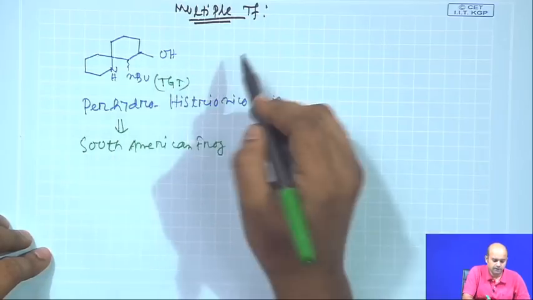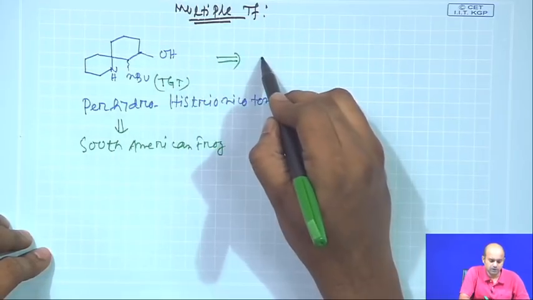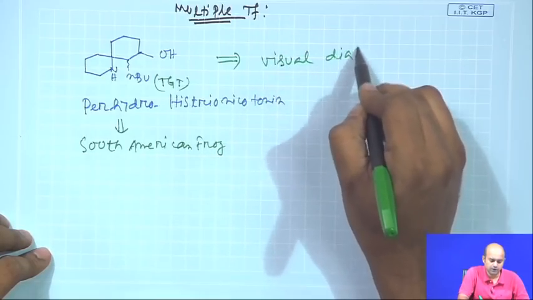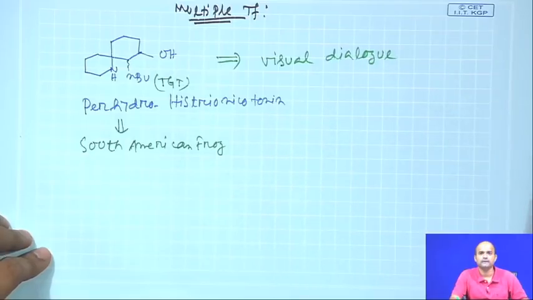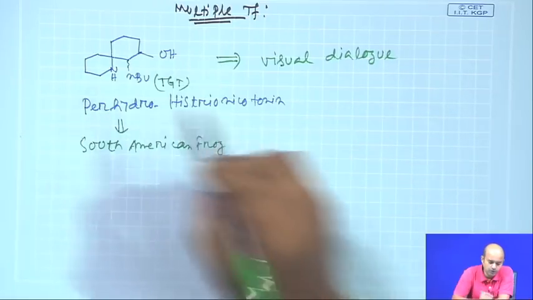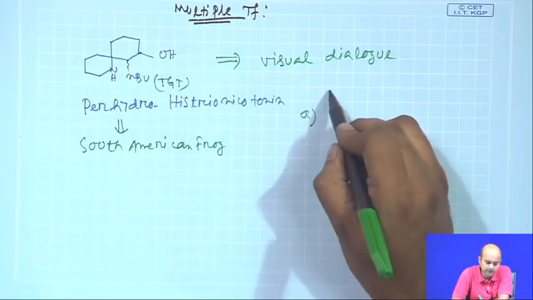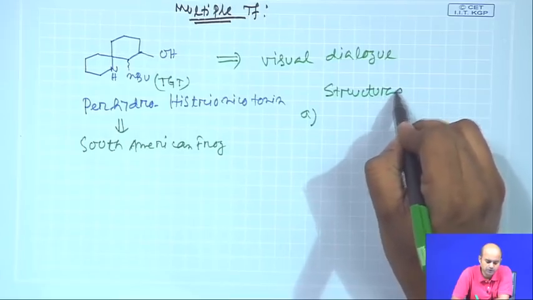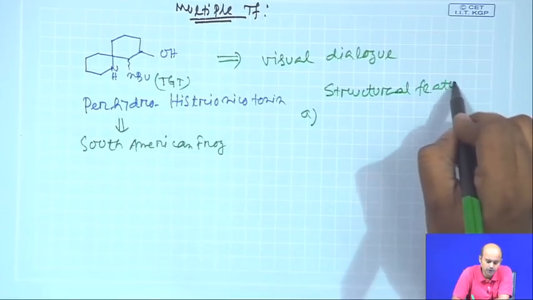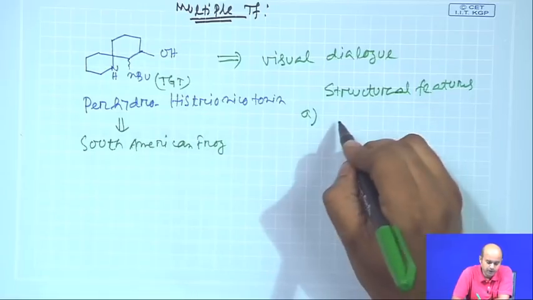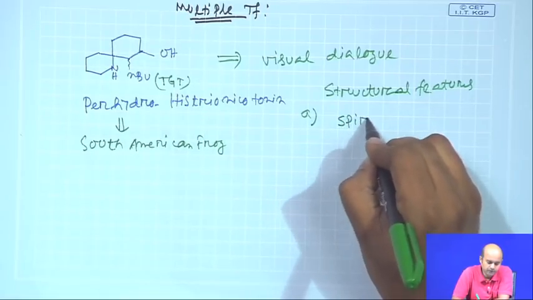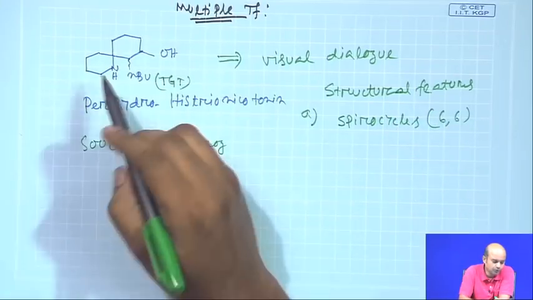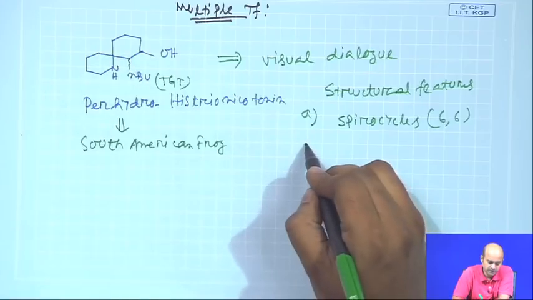Now, as I said, you start communicating visually. At the very beginning we said start doing a visual dialogue with the molecule. What are the structural features this molecule has? As I said, structural features are very important. This molecule basically has a spirocycle framework, and the rings are two 6-membered rings.